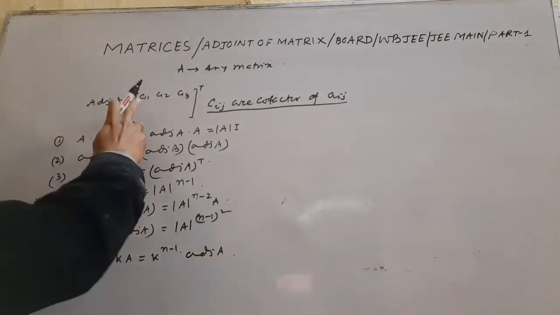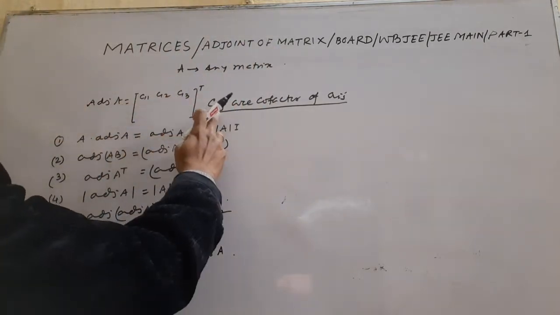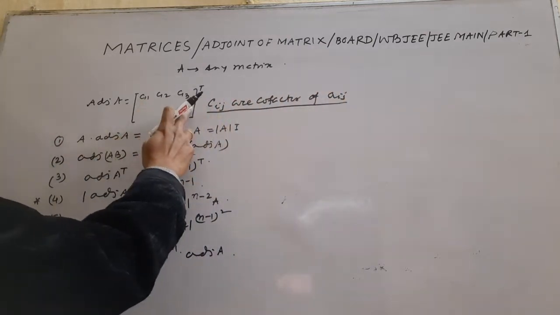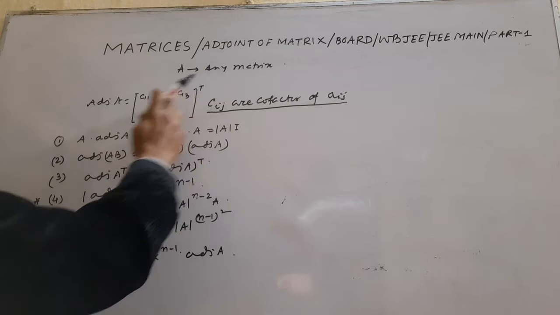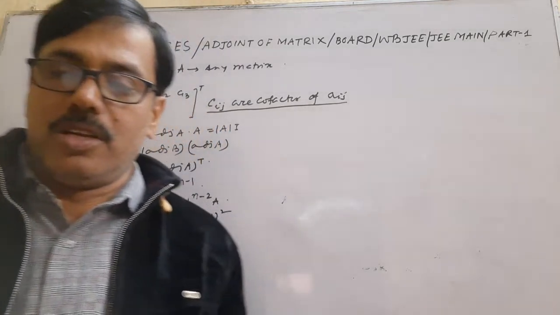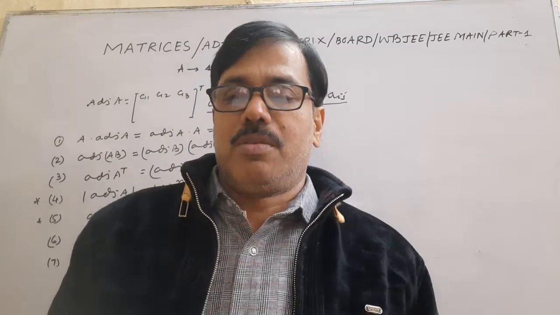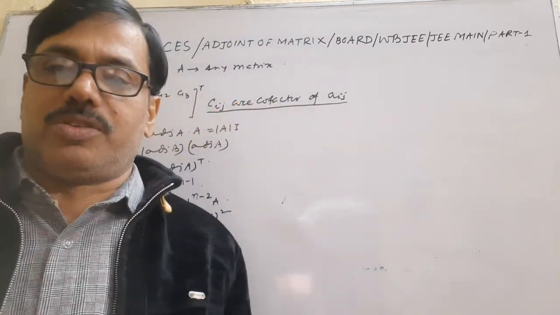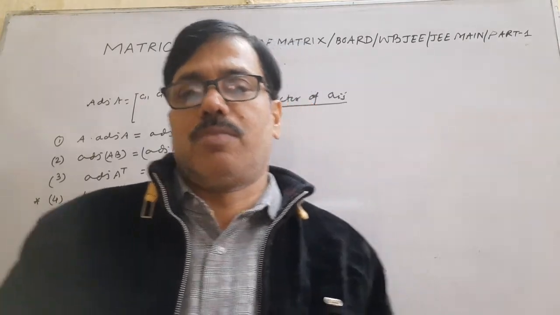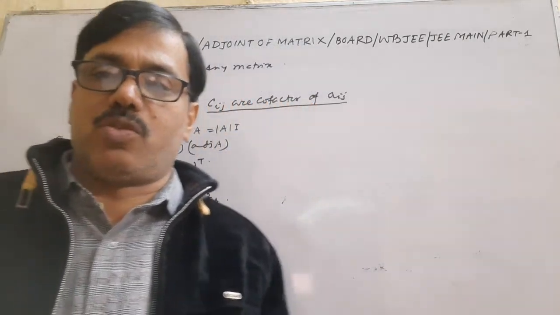So C11, C12, C13. Cij are cofactors of Aij. So the cofactor matrix, then transpose. This is called the adjoint of a matrix. So we consider first the basic concepts, then I will solve some problems of this topic.